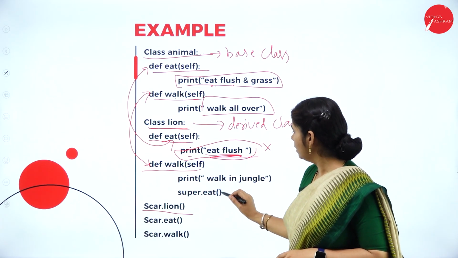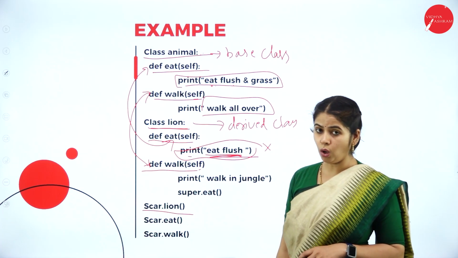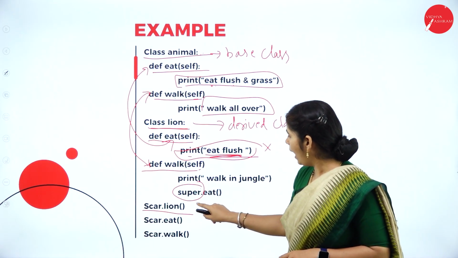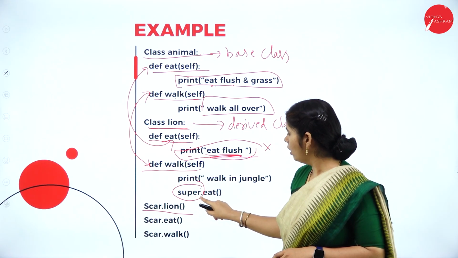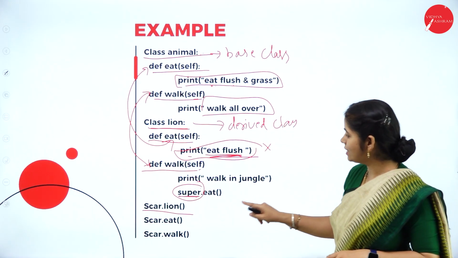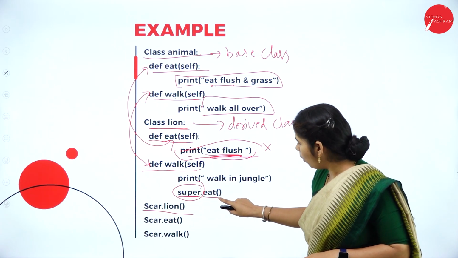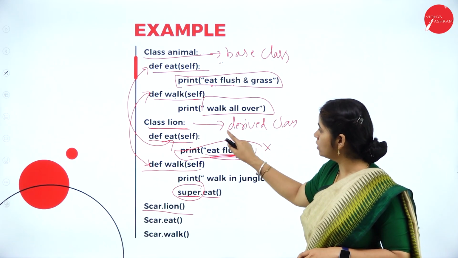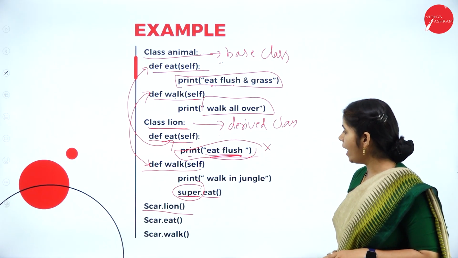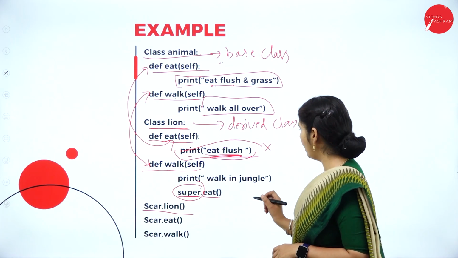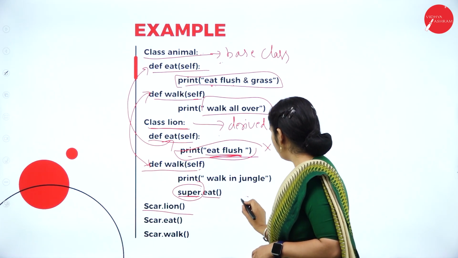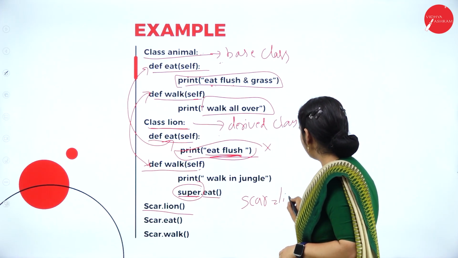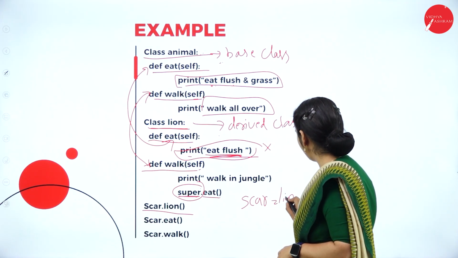When I'm accessing eat and walk with respect to the object, what do I have to do here? I have to call the super keyword, saying that this eat can be a method in the parent class and also in the child class. Whenever I create an object, what is the object? Scar is equal to, it belongs to the child class Lion.